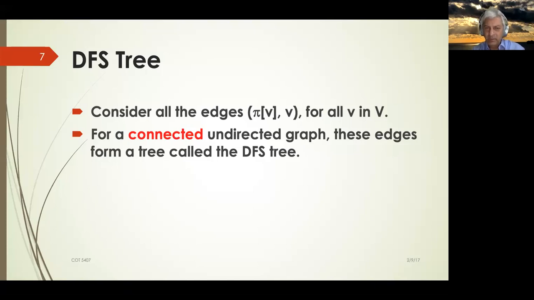Professor, when you say connected, you mean starting at one vertex, there's a path to every other vertex? Exactly. So I guess we never defined connectivity. We're going to call an undirected graph connected if we can get from anywhere to anywhere.